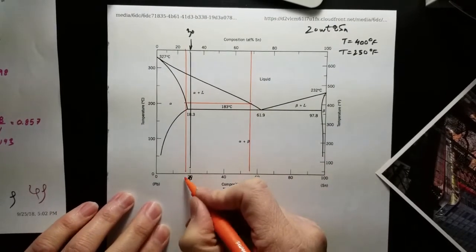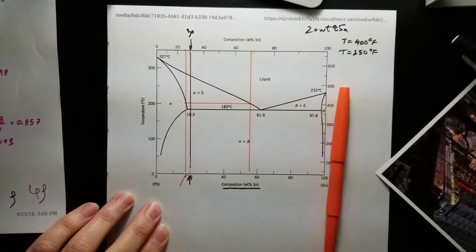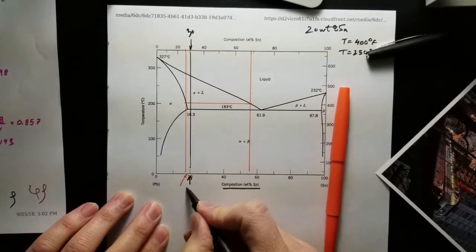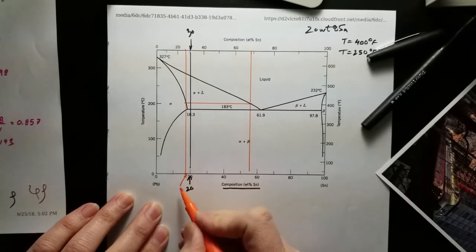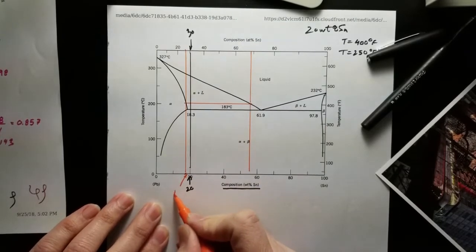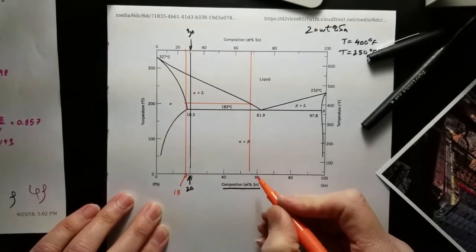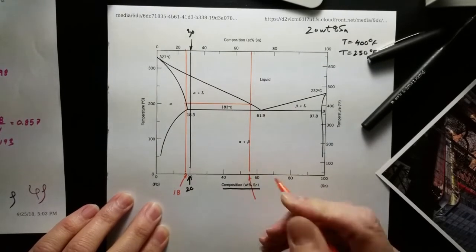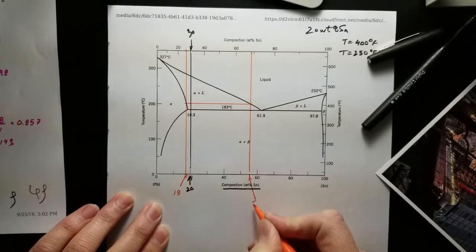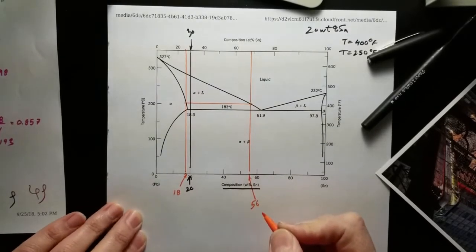So this is 20. That point is around maybe 18. And that point is around maybe 56 or so.